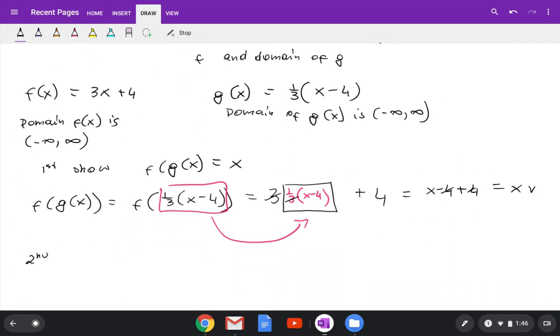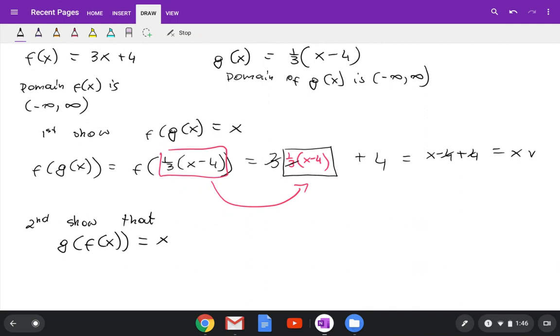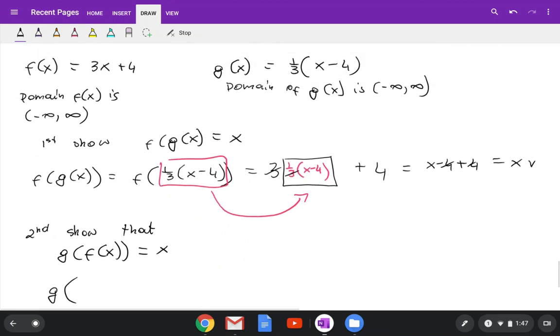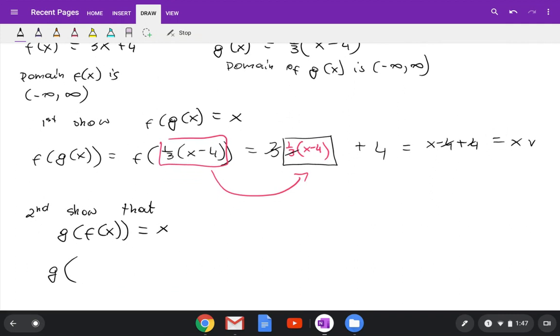Next, what you need to show is that g composed with f also will give you x. So second, show that g composed with f is equal to x. So show that the inverse of function g is function f of x. So now outside you have function g, inside you have function f of x. The equation of function f of x is 3x plus 4.